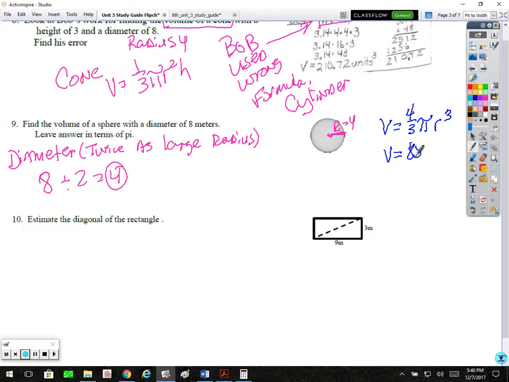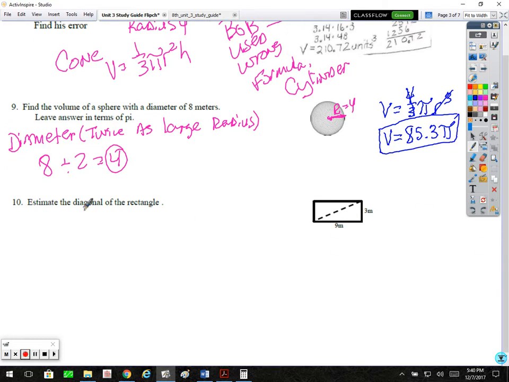So 85, let me rewrite this. 85.3. Now, it says leave your answer in terms of pi. So what we did, we took this, and we took this, and we left it here. So now the only thing left is pi. So your answer is 85.3 pi.